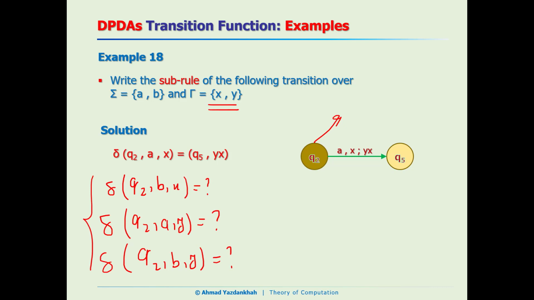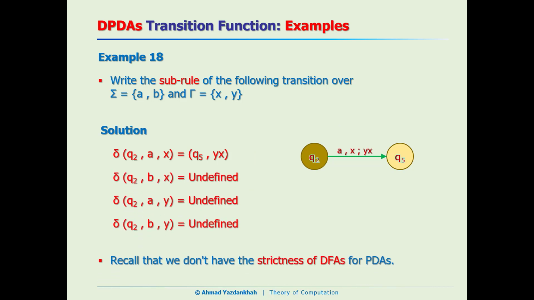It means that all of them will be undefined. That's why we said the delta can be a partial function, because we have some situations where they are undefined. So as you see, PDAs don't have the strictness of DFAs. There are some situations where there is no outgoing for some of the symbols of the alphabet.